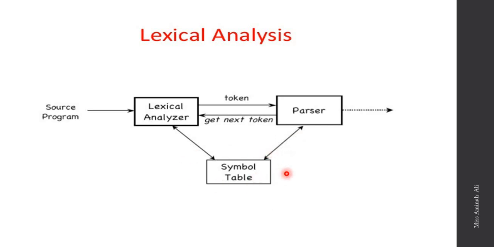Side by side we are managing the symbol table. In the symbol table, we store the information about the identifiers, the keywords, and certain other things. We have discussed it and we will discuss a lot about the symbol table, and we will have some description of it at the end of the lecture.